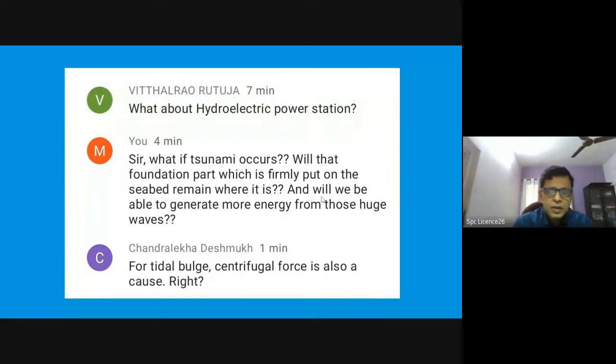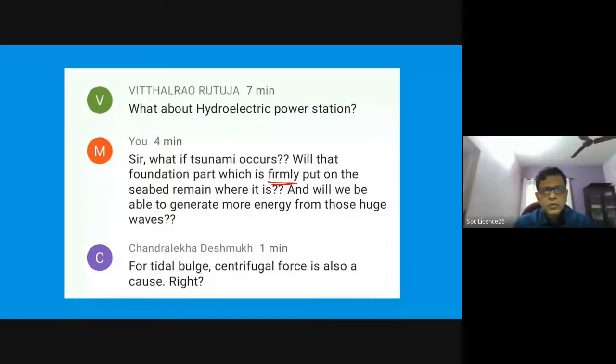Though we say they are firmly embedded in the seabed, it remains to be seen how strong this connection, or the foundation of this gadget, is, because it's something that happens on the move.